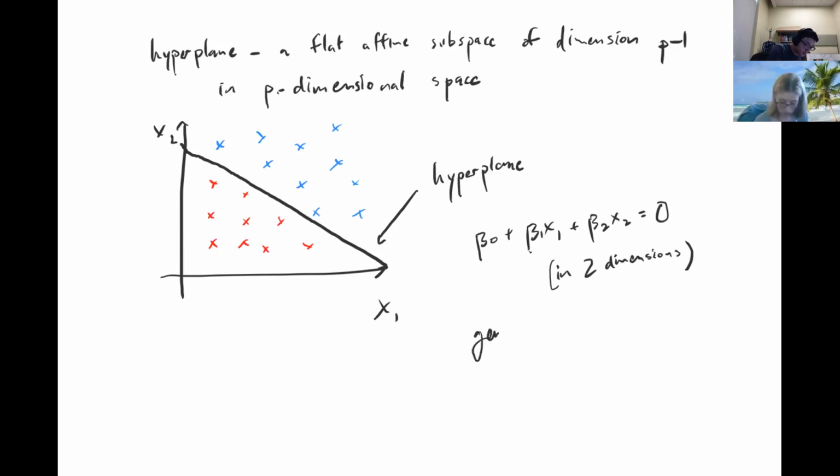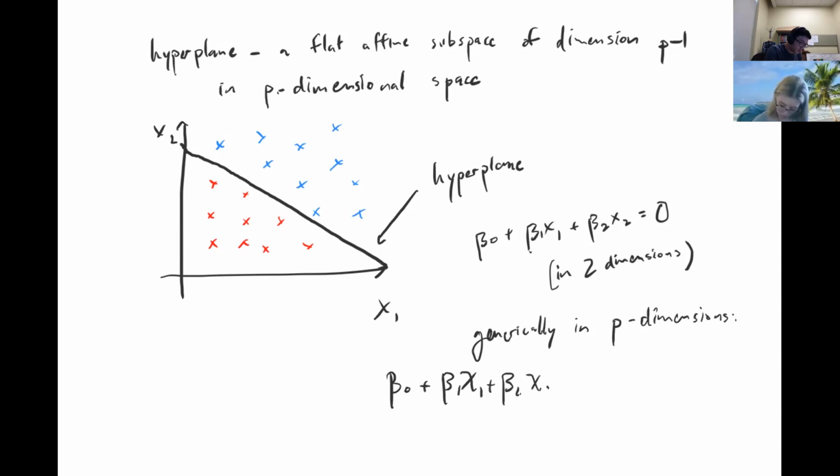Generically, in p dimensions, it will look something like beta 0 plus beta 1 x1 plus beta 2 x2 plus dot dot dot beta p xp.